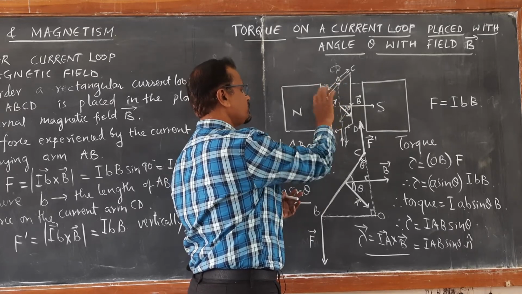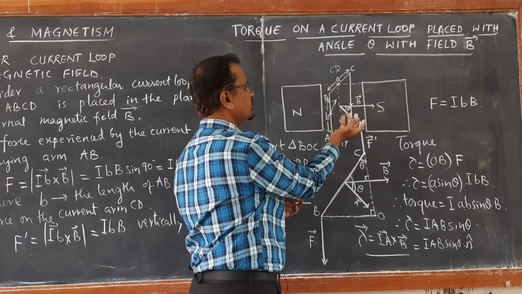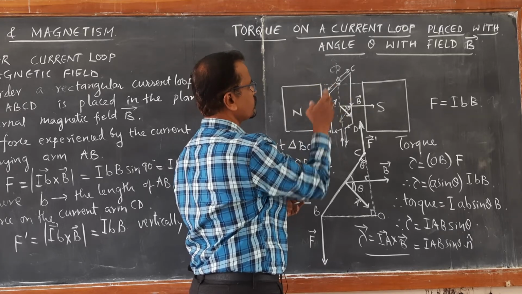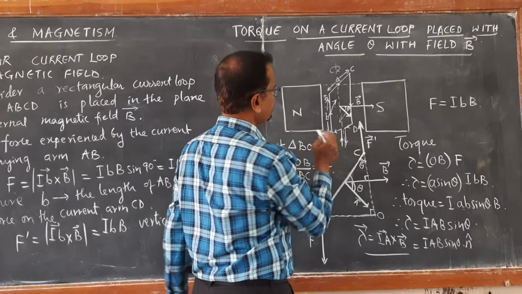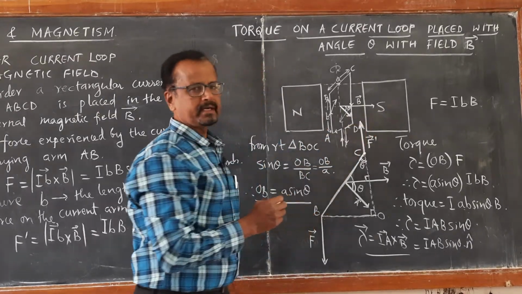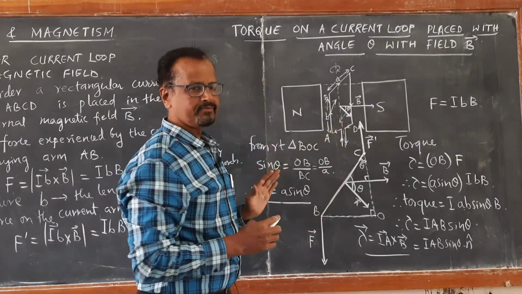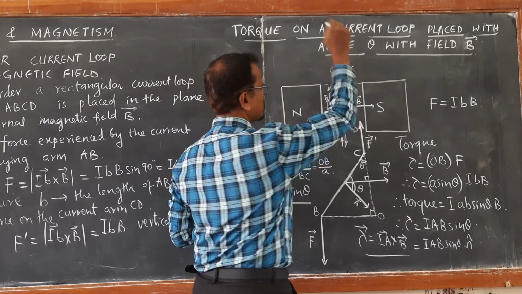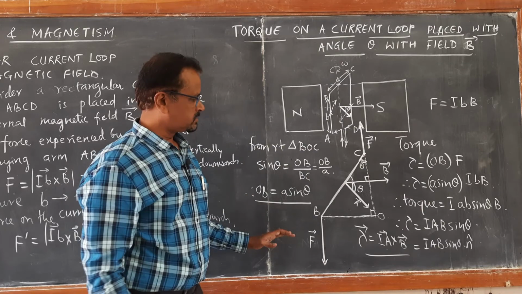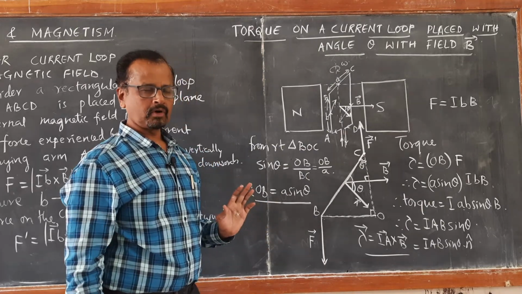The arm AB will be pulled down and CD will be pushed up, and it continues to rotate, and if it is maintained with the steady current I with the same value of magnetic field, then it will start rotating with a constant angular velocity omega. This is how we study the torque.